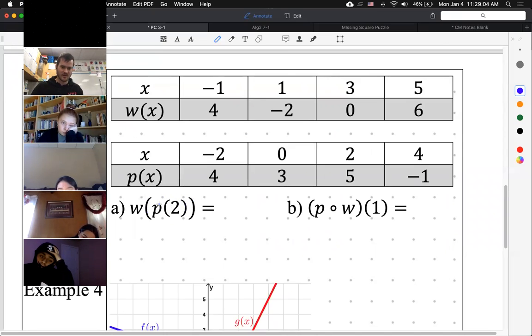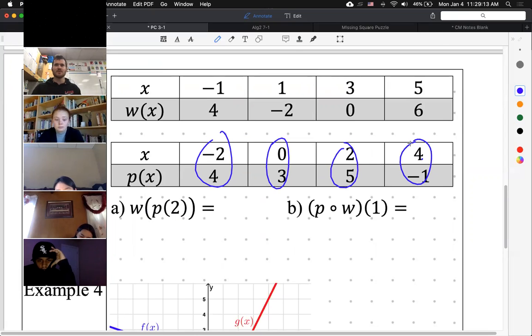Another way of thinking of it: I'm plugging in 2. If 2 is the input, which of these 4 values has 2 as the input? And better yet, what's the output when I plug in 2? Who can tell me?